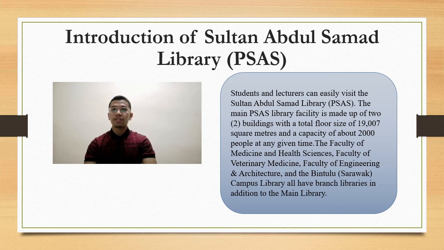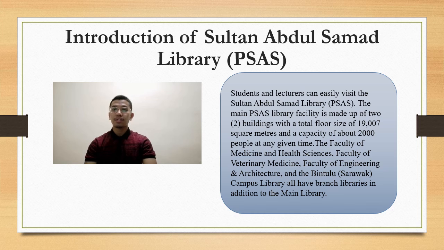The Faculty of Medicine and Health Science, Faculty of Veterinary Medicine, Faculty of Engineering and Architecture, and the Bintulu Sarawak Campus Library all have a branch library in addition to the main library.